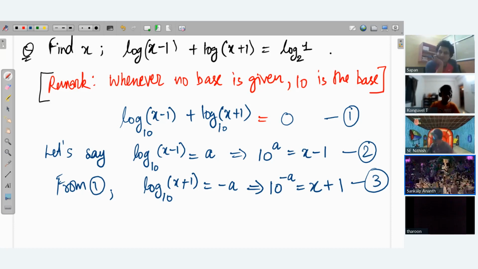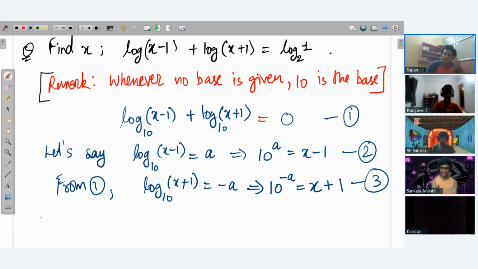So we can substitute x by 10 to the power of negative a plus 1.